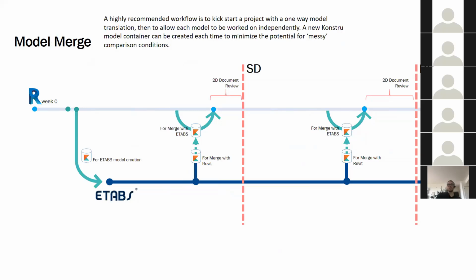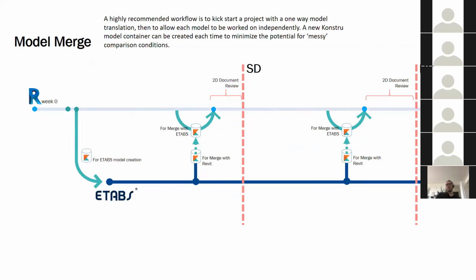Another way is, of course, taking the model and transferring it into ETABS for whatever reason, and then using that. So in this case, everything's coming from one original model and not being designed from two separate entities. These are workflows that you could look into, and you could eventually develop your own workflows with all the different functions and flexibility that Konstru might give you.